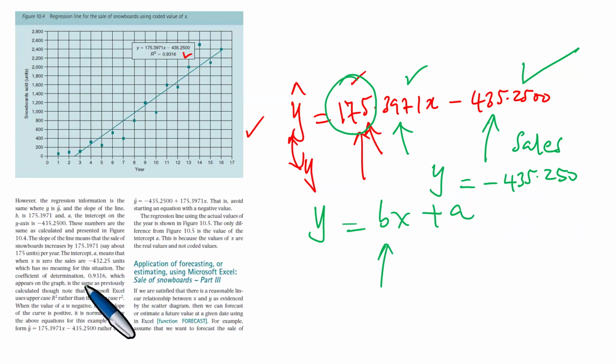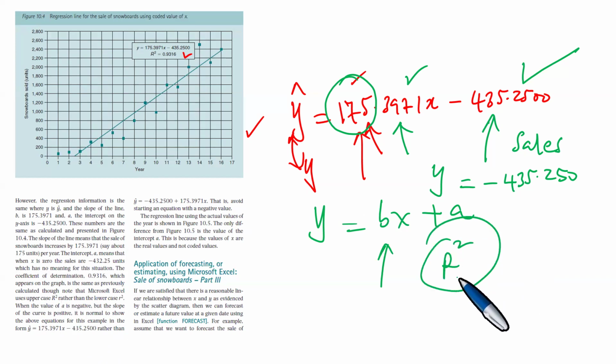The coefficient of determination, which is 0.9316 and appears on the graph, is the same as previously calculated, though note that Microsoft Excel uses uppercase R squared. So if you need to learn it, Excel uses capital R rather than the lowercase r. Here the value of A is negative, but the slope of the curve is positive.